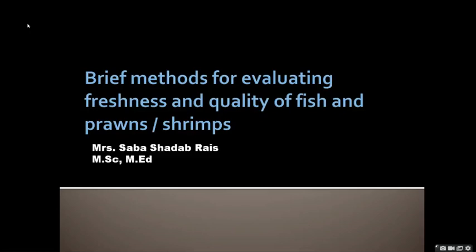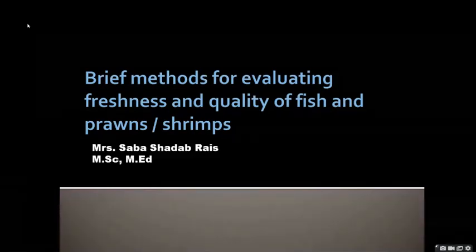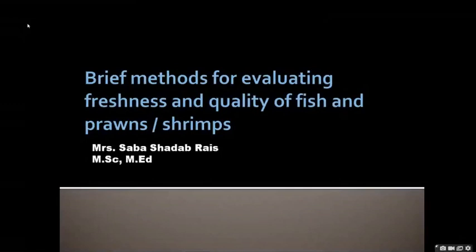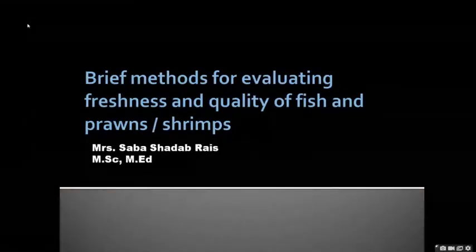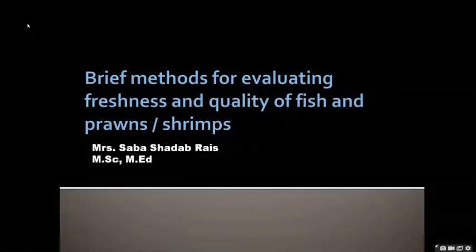Then the next stage is when fatty acid degradation starts. Why does it happen? Because whatever oil is present in the body of the fish gets oxidized, and this oxidation produces rancidity. So you must remember these stages in a perfect sequence: hyperemia, then rigor mortis, then autolysis, then rancidity. So let us begin.